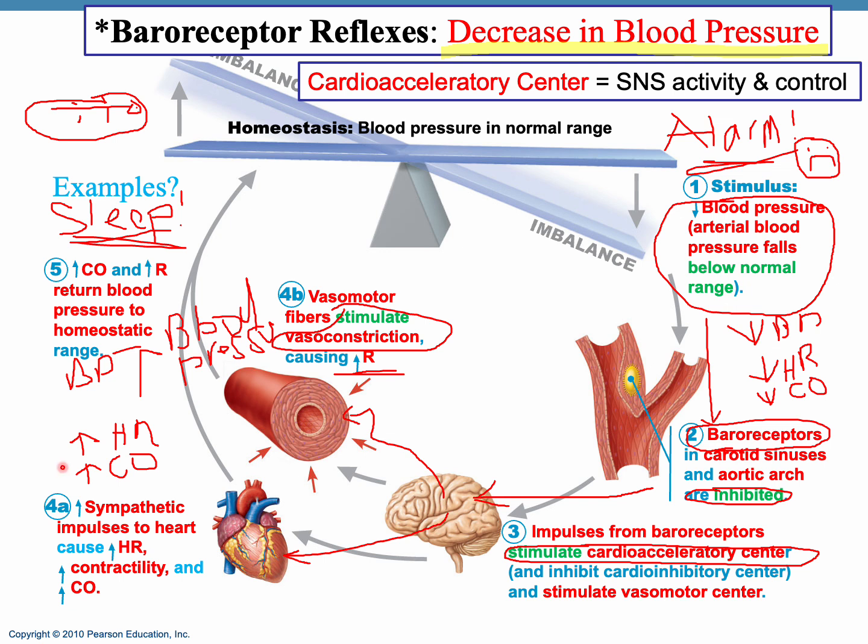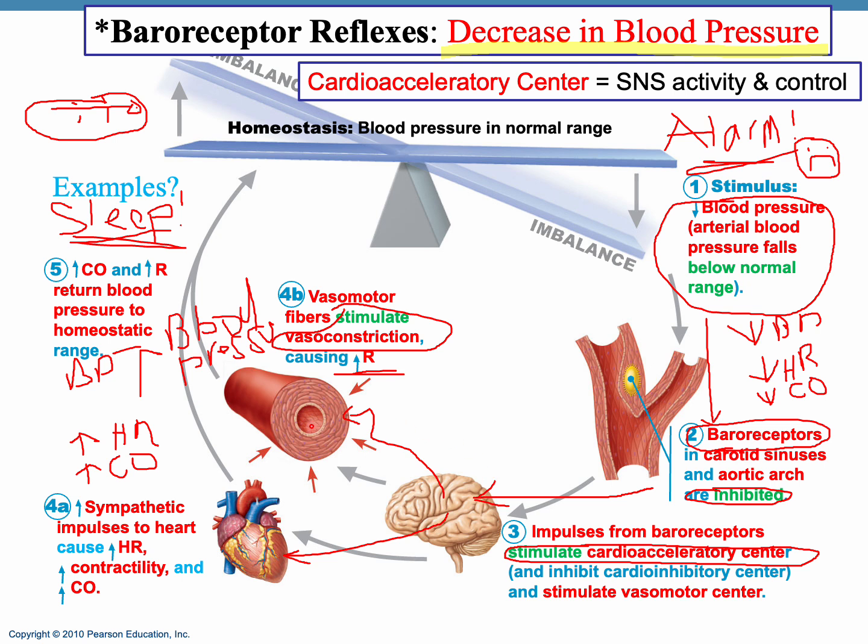blood pressure is falling, heart rate and cardiac output are falling, and messages are sent to the baroreceptors, which become inhibited. They send impulses to the brain, which stimulates the cardio-acceleratory center. And remember, acceleratory means increase, acceleration. A message is then sent away from the brain to the heart to increase heart rate and cardiac output.